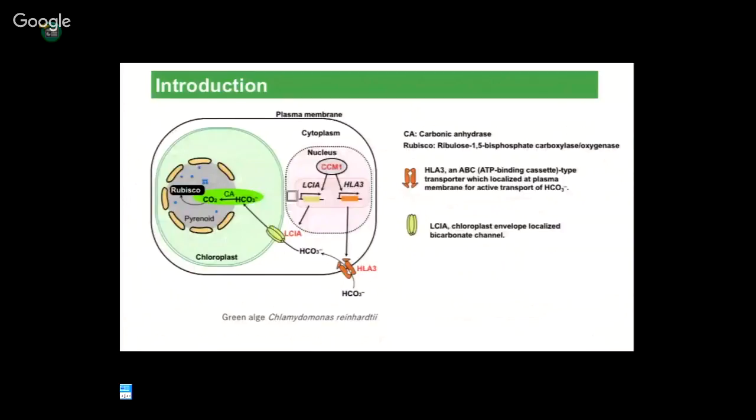HLA3 belongs to the ATP binding cassette type transporter, and LCIA belongs to the formate nitrite transporter family, and localizes to the chloroplast envelope. HLA3 and LCIA cooperatively associate with bicarbonate transport to increase the bicarbonate pool in the chloroplast stroma. These low CO2 inducible proteins are regulated by the zinc-containing regulator protein of CCM1.